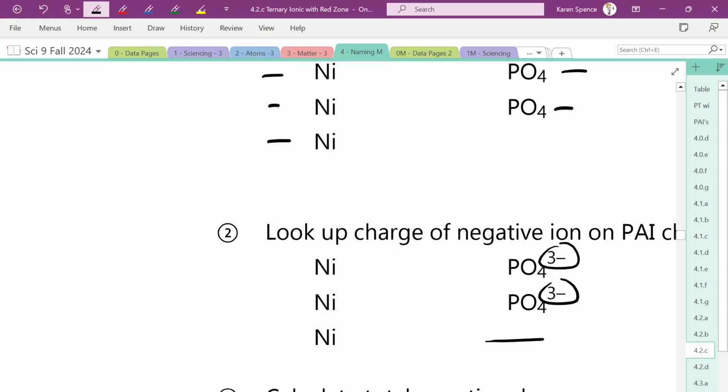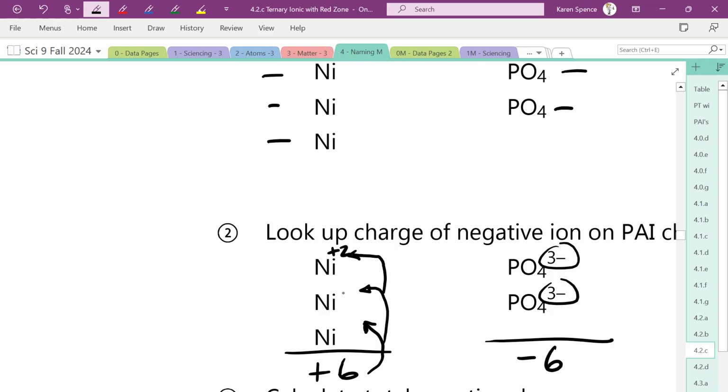That means we find our total negative charge, which is -6. Total positive charge has to be +6. Now, how much does each nickel get? +2, +2, +2.